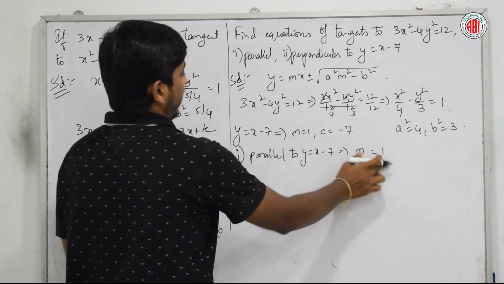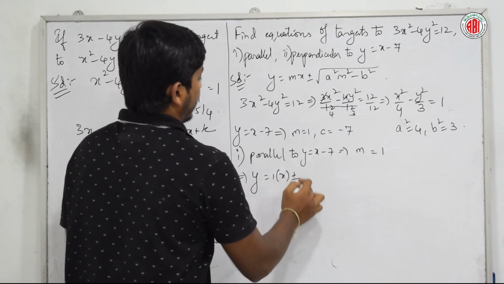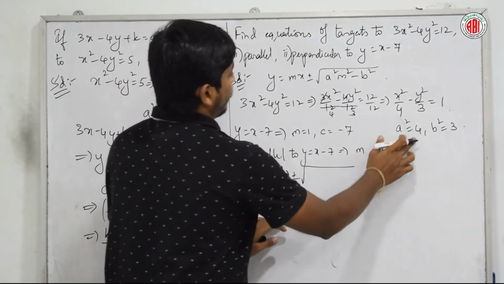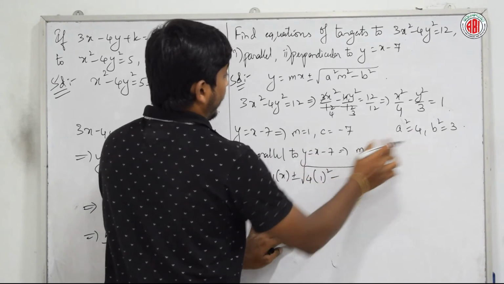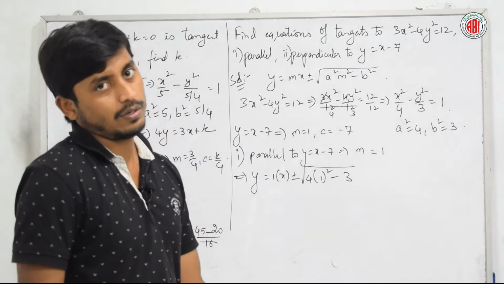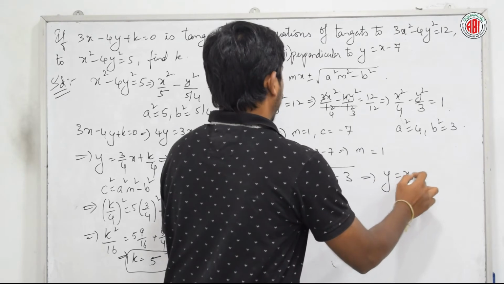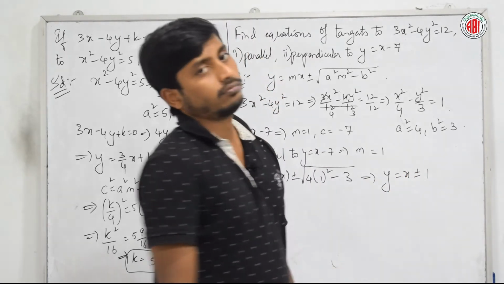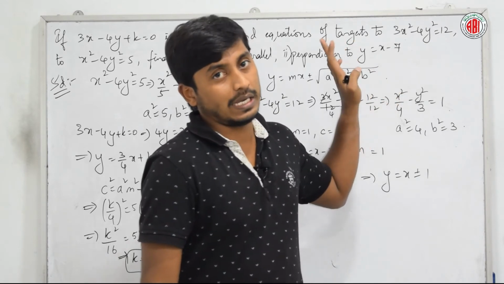Instead of m we have 1 here. Then the equation is y equal to 1x plus or minus under root of a square m square minus b square. 4 into 1 square minus b square. 4 minus 3 is 1. So the equations are y is equal to x plus or minus 1. These are the equation of tangents which are parallel to this equation.